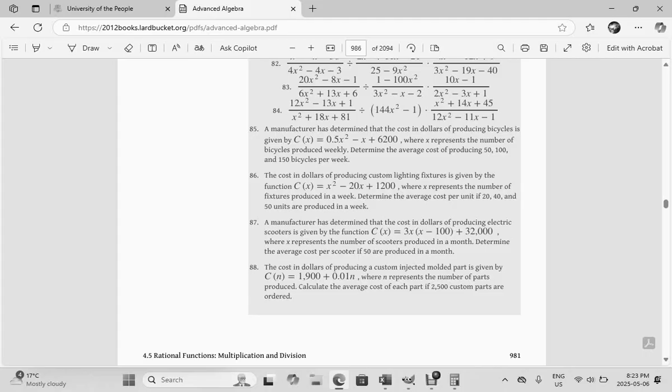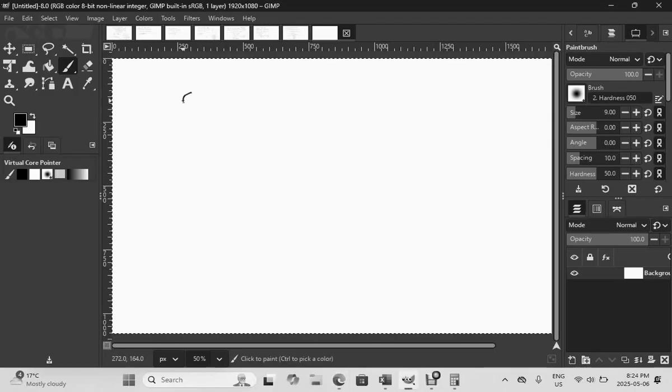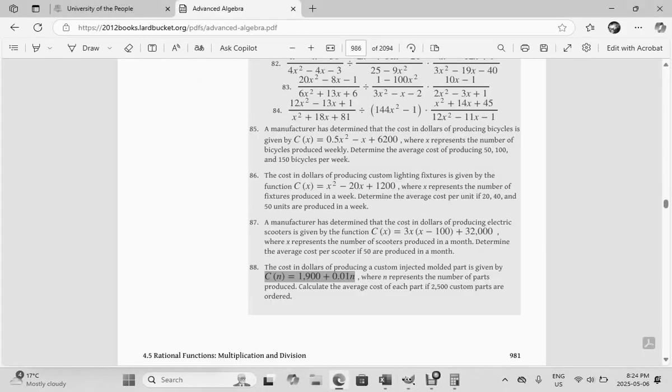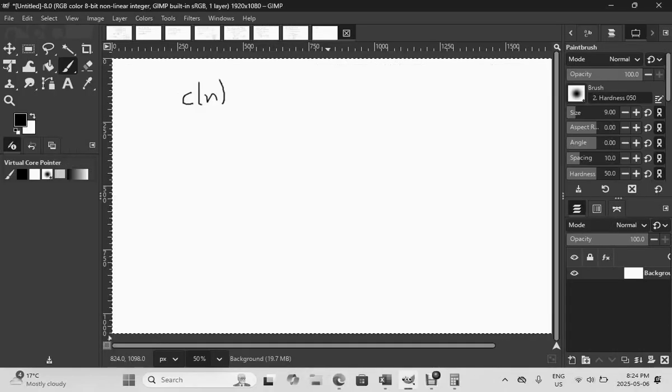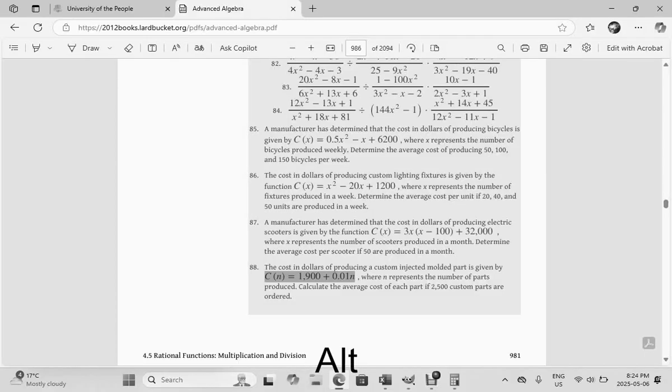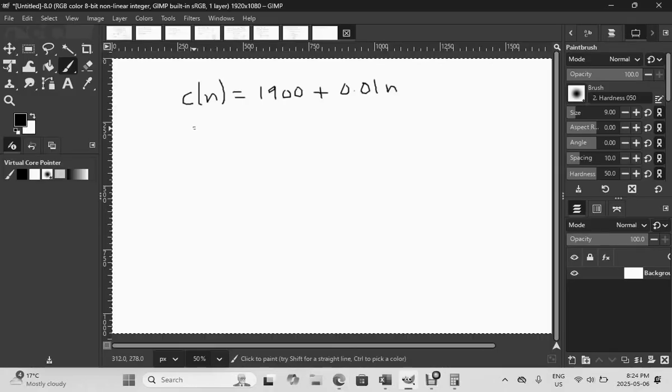We're trying to figure out C(N), so let's solve this equation. C(N) equals 1,900 plus 0.01N. Now we need to figure out the cost to produce 2,500 parts, so C(2,500).